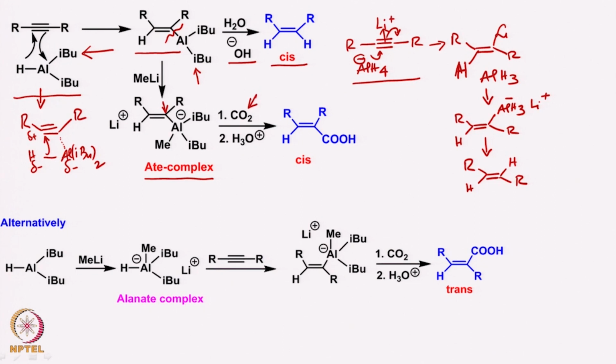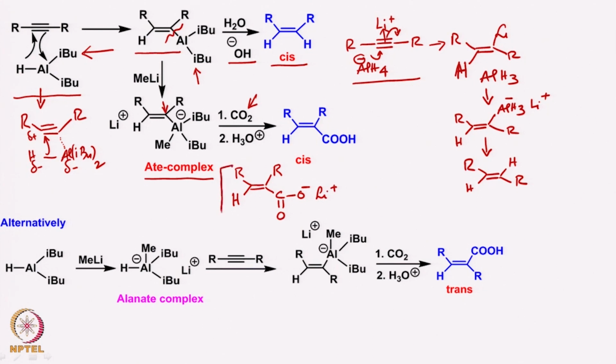If we bubble carbon dioxide through it, then of course this carbon aluminum bond acts like a nucleophile to the corresponding electrophilic carbon dioxide, and that allows the formation of an intermediate. You can imagine that it will allow you to form the carboxylate, and of course you will have a lithium plus or the other electrophilic species around.